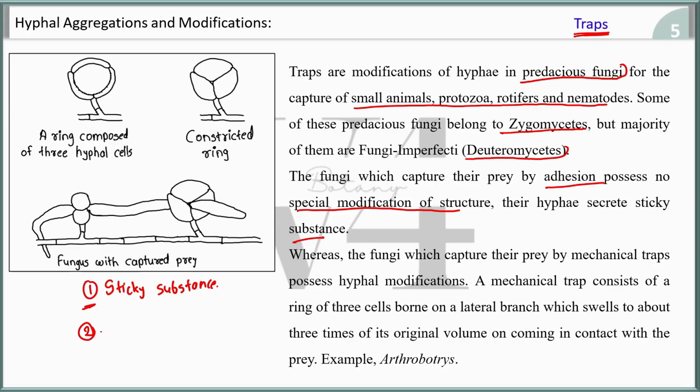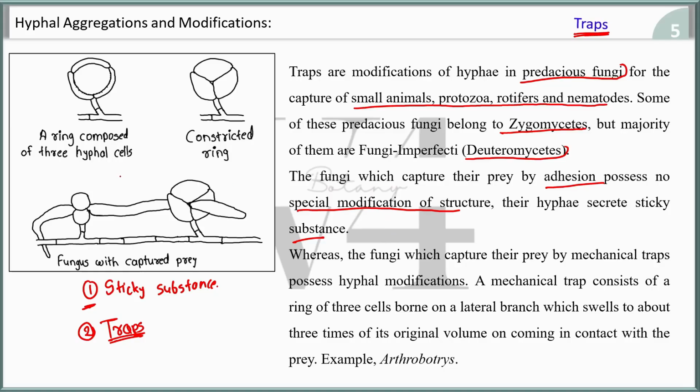So this is one method. Another method is, instead of secreting sticky substances, they create traps for their prey. And once the prey gets trapped in these traps, they release those digestive enzymes.